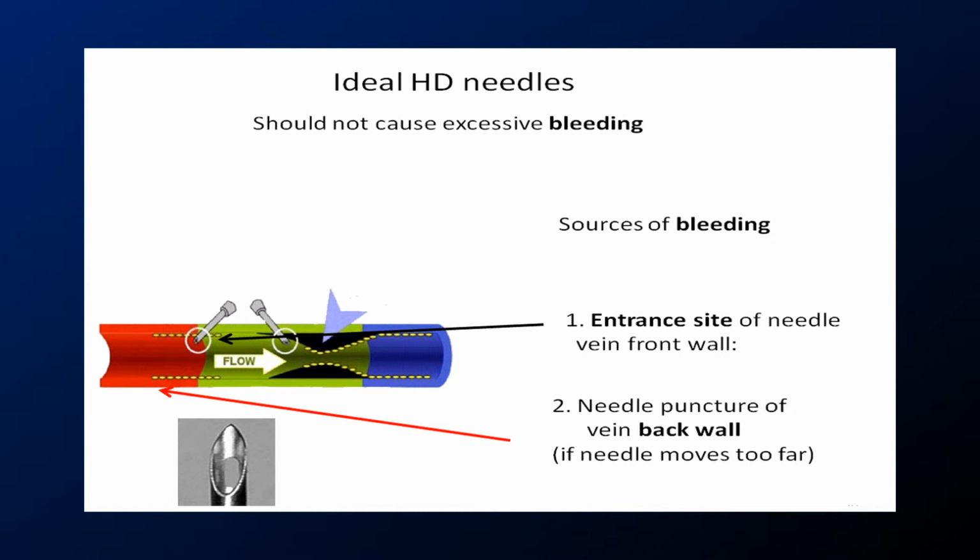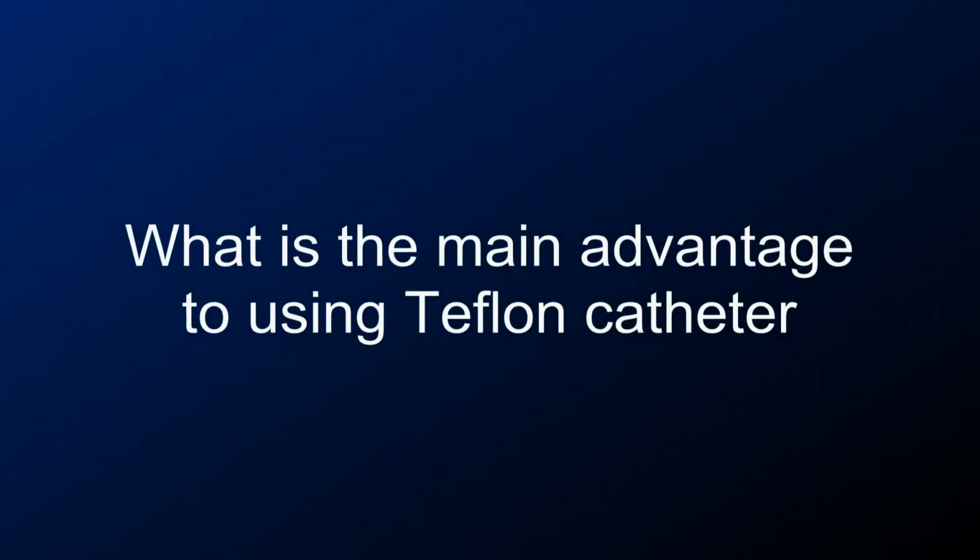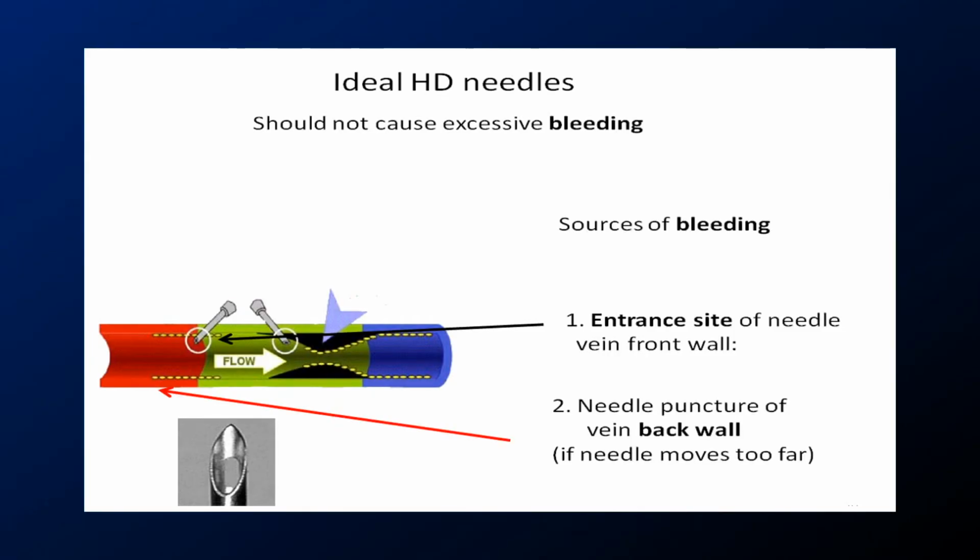And because the Teflon catheter is not sharp, it cannot go through the back wall. Hence, it should reduce the risk of bleeding. Teflon is like plastic, the same stuff that you use for your non-stick pan, so it's soft and it's not traumatic. It should not pop through the wall of the vein.